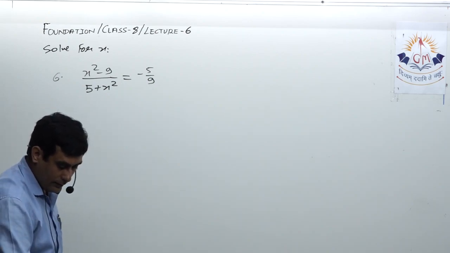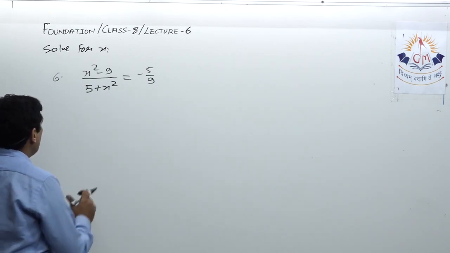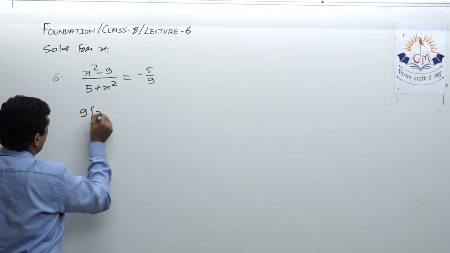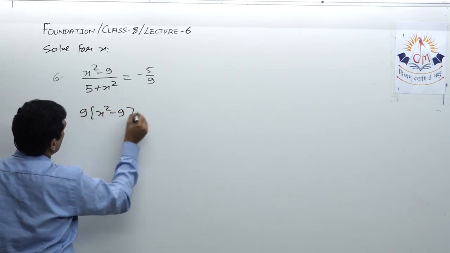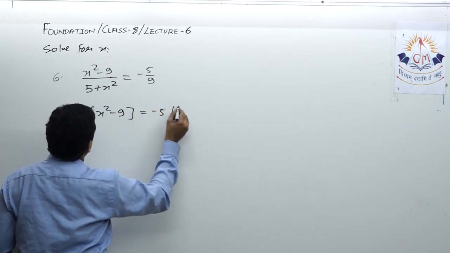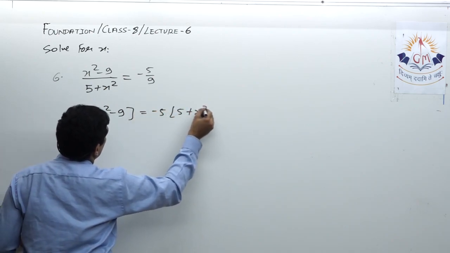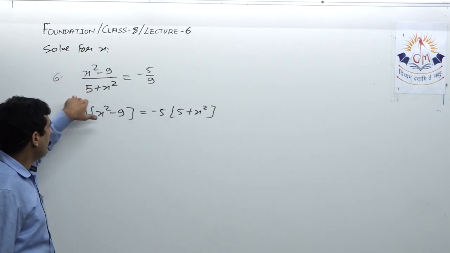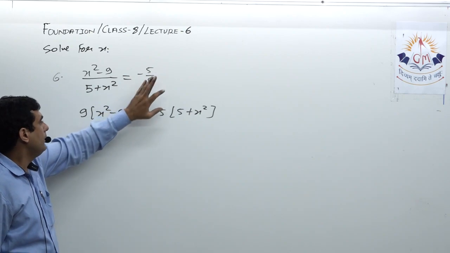Okay, so here we'll start directly with the cross multiplication. So this is 9 into x square minus 9 is equal to minus 5 plus x square. Okay, cross multiplication, 9 will come over there and this denominator will come over there.